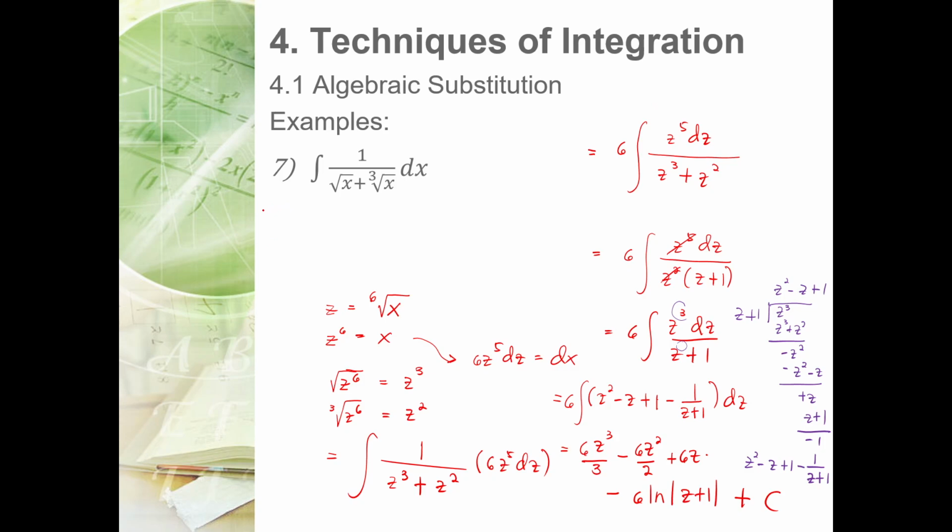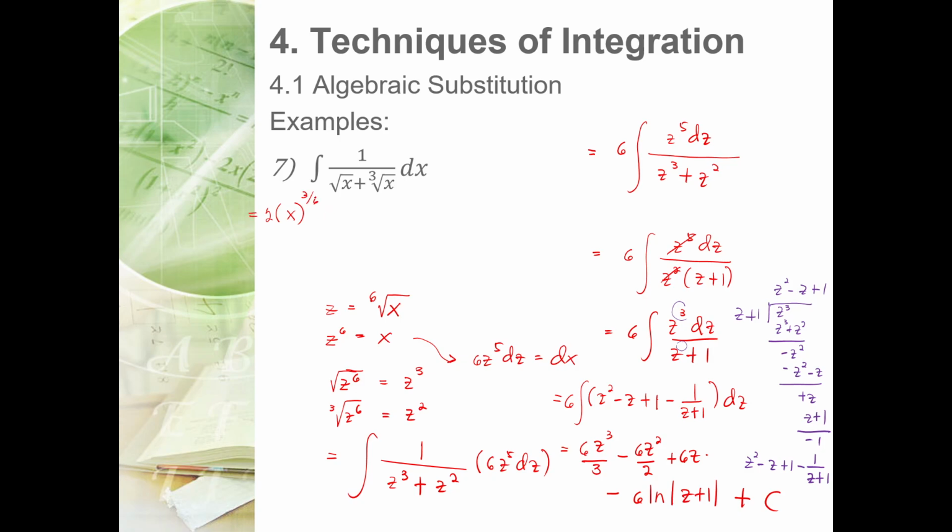Okay, so 6 over 3, that becomes 2. And then getting the value of the z term here. So our z term here is 6 root, right? So x to the power of, so that's 3 all over 6.